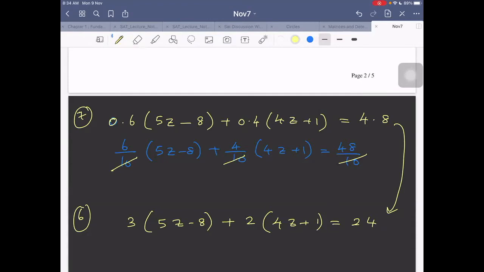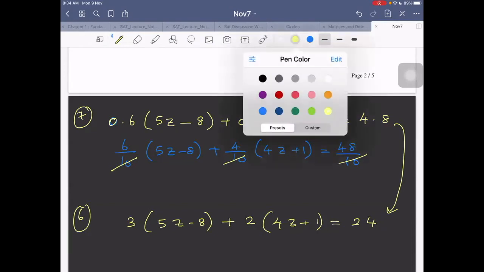Is that fine? Is it confusing? No. Okay. Now, from the entire expression, you just cancel out a 2.